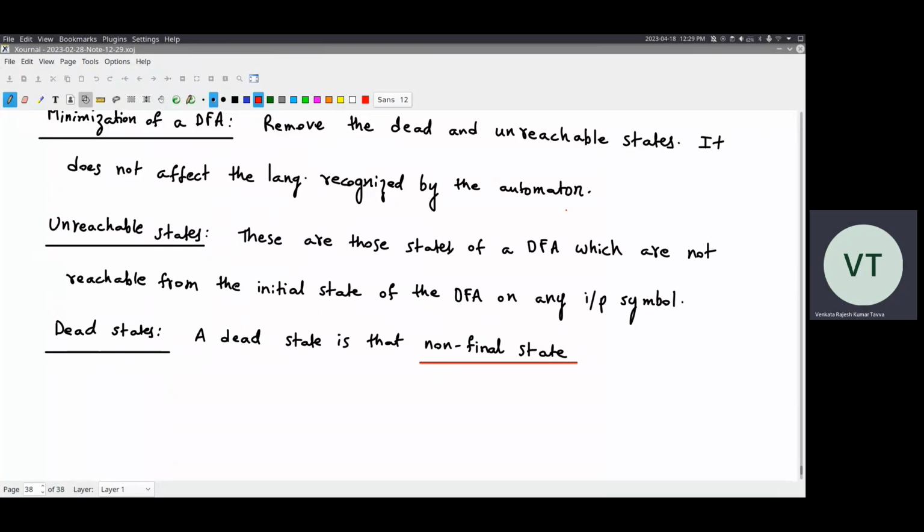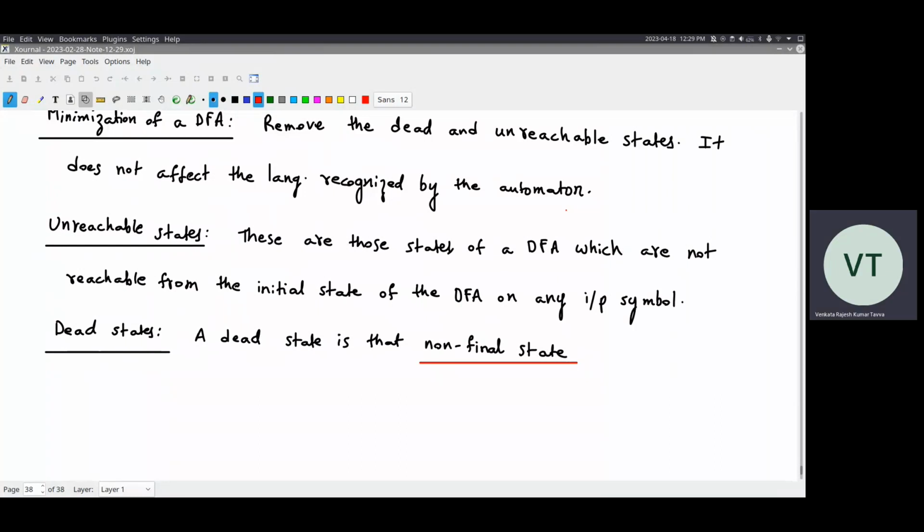This is called a dead state only if it is a non-final state, because sometimes a final state may also have no outgoing arrows. It may stop with itself and it may loop onto itself. It may not go out to any other state. But that does not make it a dead state. Final state is fine. If it is a non-final state and if it does not go to any other state, only then it is a dead state. Okay, so this condition is also important.